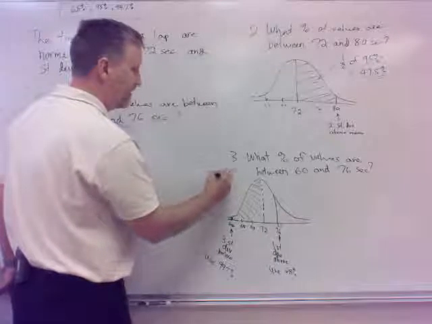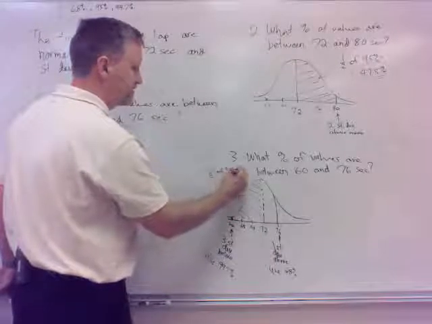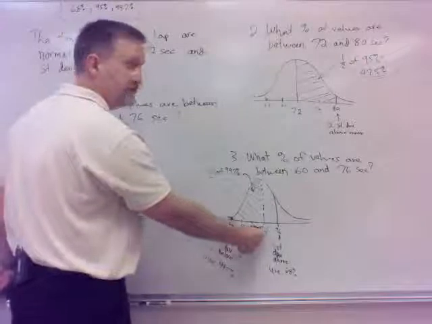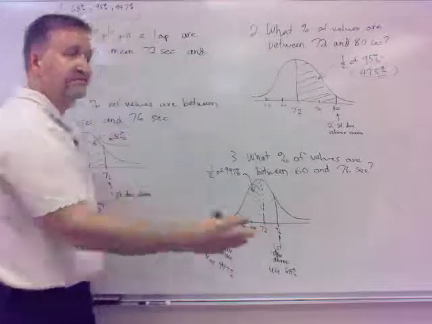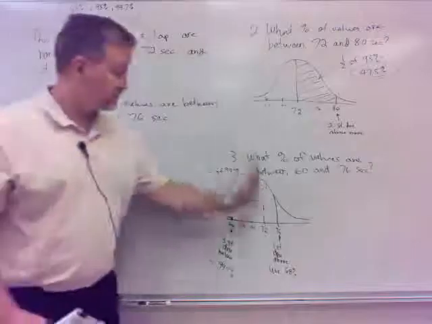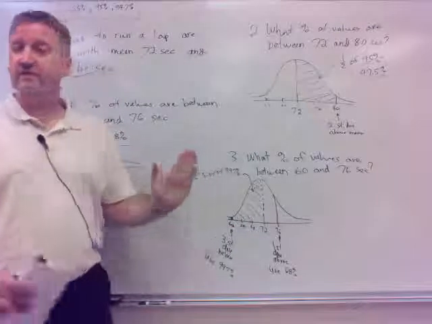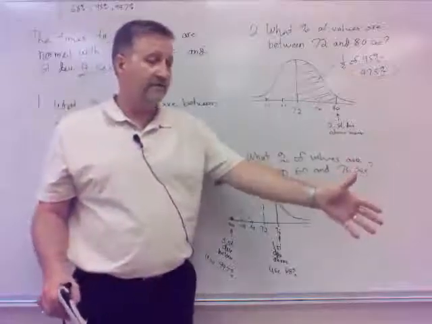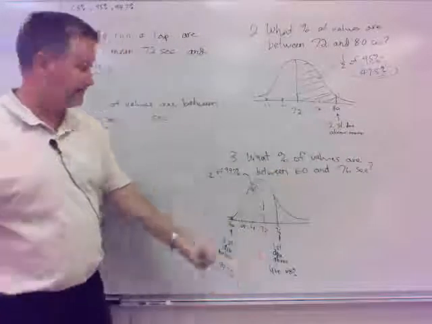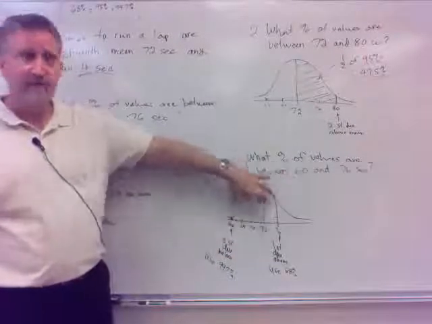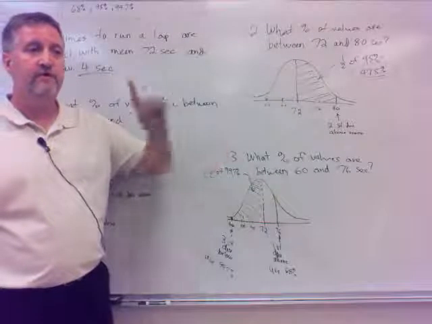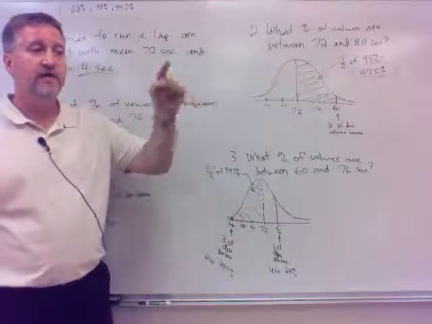Half of the 99.7% is that piece from 60 to 72, isn't it? Because of symmetry, the mean splits the 99.7 in half. You have half over here, then half on the other side. And I only want the half over here. So what's half of 99.7? 49.85.